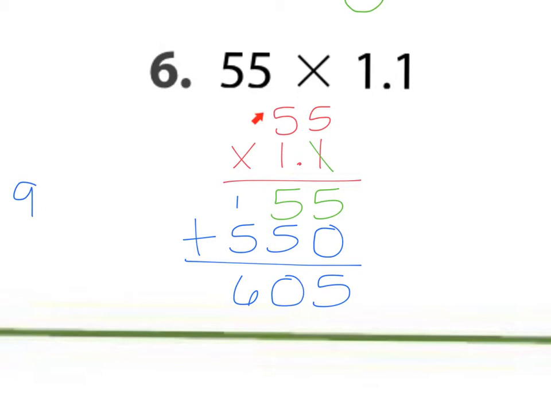Come back up here, and 55 is your whole number, so no decimal places. 1 1/10 has one decimal place right here. And so our answer will have one decimal place in it. So we're going to move it once. It's going to be between the 0 and the 5. So 60 and 5/10 is your answer, which is just a little bit above our estimate of 55.